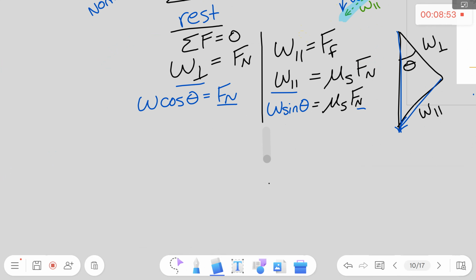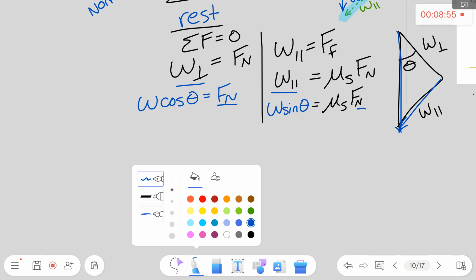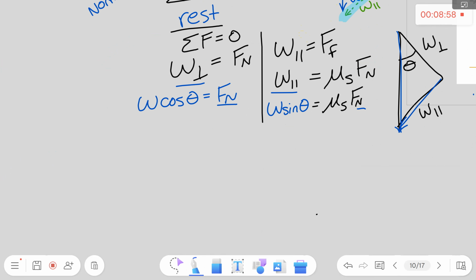Let me do that. Trooper, don't get ahead of me and ruin my surprise, okay? W sine theta equals mu s force normal is the same thing as W cosine theta. Hey, does something cancel out on both sides? Just W, right? Weight cancels.